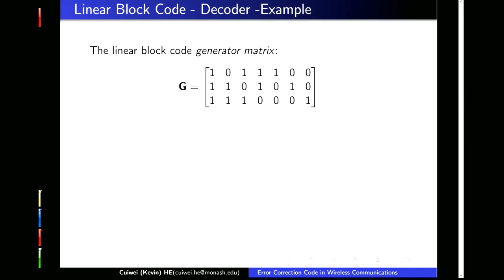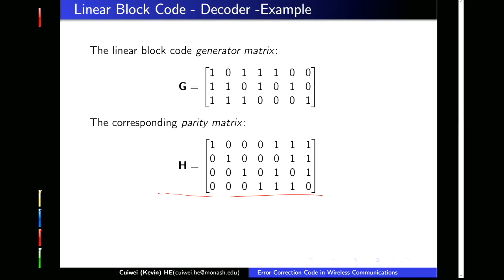I will go through the process again to make sure that everyone is clear about it. We have a generator matrix, which is the one we used in the previous example. From the generator matrix, we can get the parity matrix. This part is the Hermitian, and these 2 parts are the diagonal matrix.